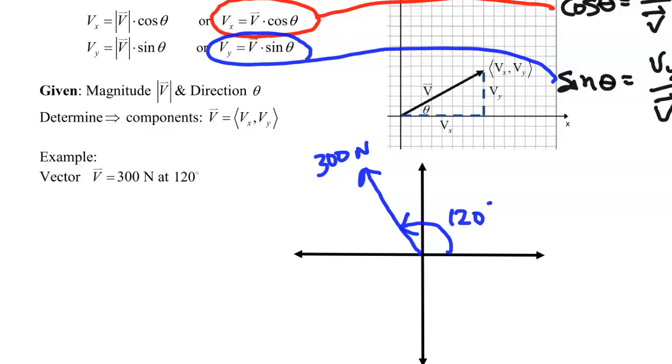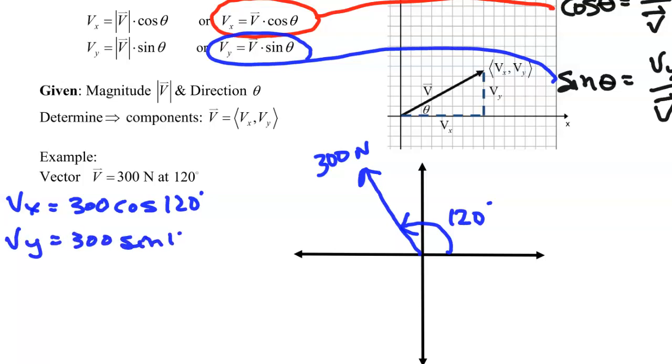I want to get the x and y component. Well, v sub x is equal to 300 times cosine of 120, and v sub y is 300 times sine of 120.